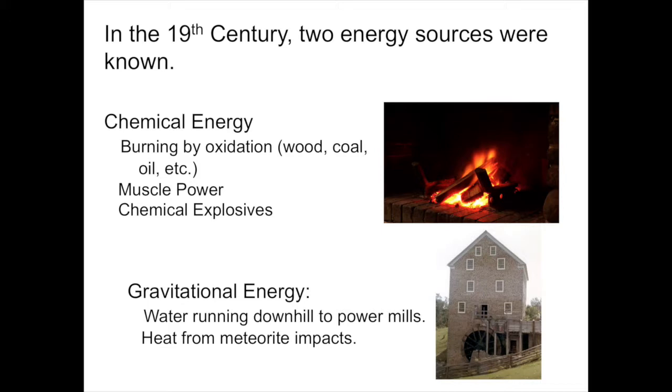The other source of energy that was familiar to people in the 19th century and before is gravitational energy. A particular example of this would be water running downhill to power a water mill, like is shown here in the photograph. Another, perhaps less obvious example of gravitational energy is heat from a meteoritic impact.